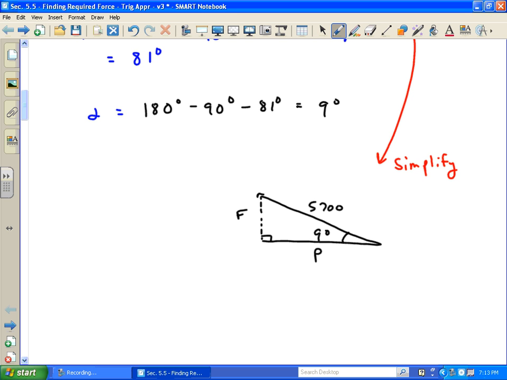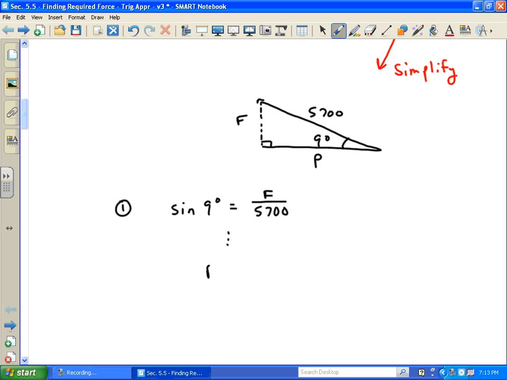I need two things. I need to find F and I need to find P. To do this, I can use basically just right triangle trig. Let's say first of all I want to find F. To do that I can use sine of 9 degrees. Well, that's opposite over hypotenuse. The opposite side is F. The hypotenuse is 5700.